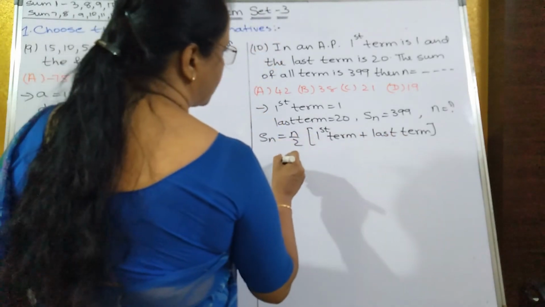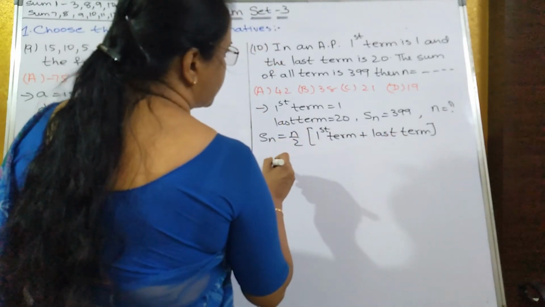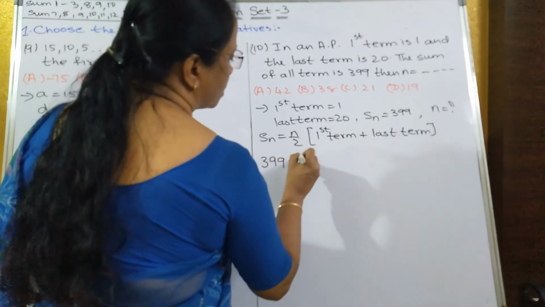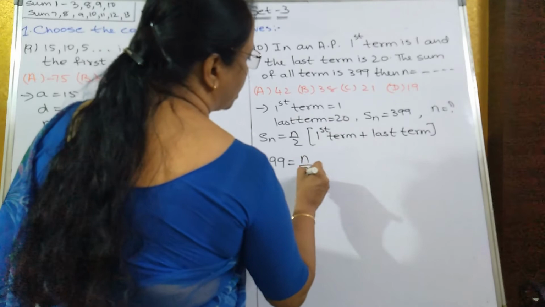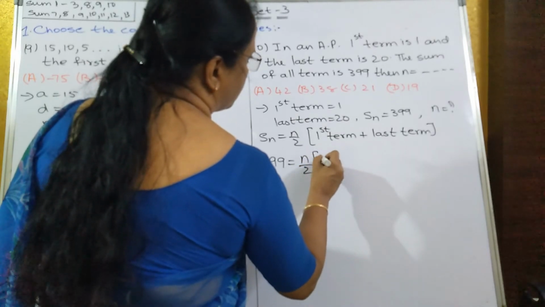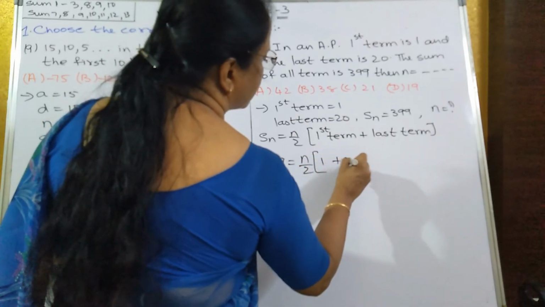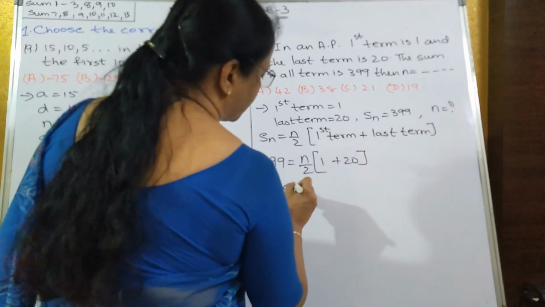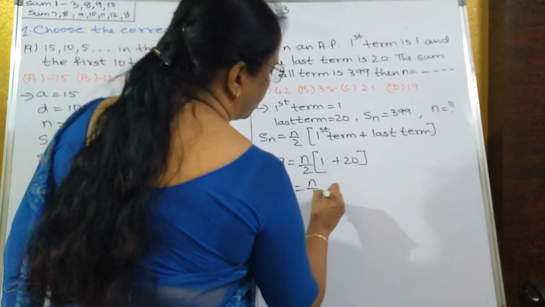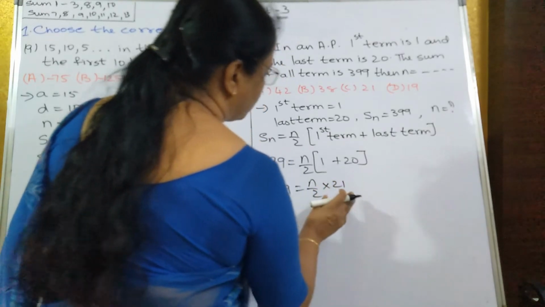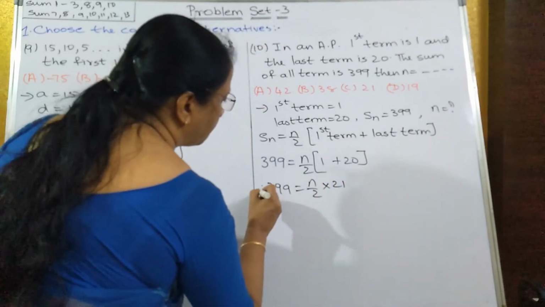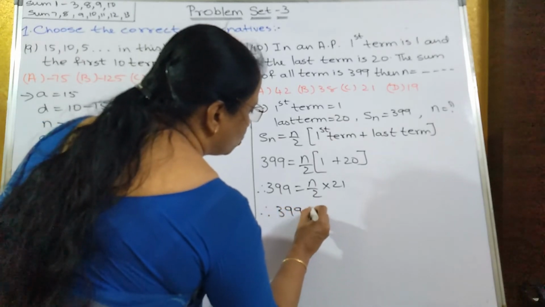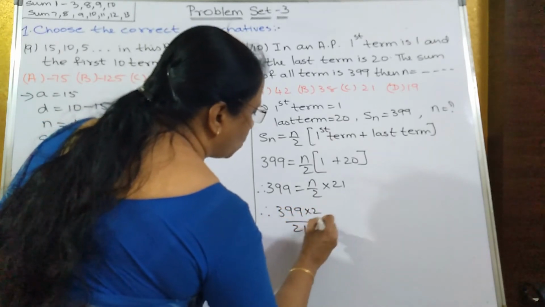So that is equal to Sn, we already know how much it is, 399 is equal to n upon 2 into first term is what? 1 and last term is what? 20. So 399 is equal to n upon 2 into 21. Bring all this number on this side. So what we'll get? 399 into 2 upon 21 is equal to n.